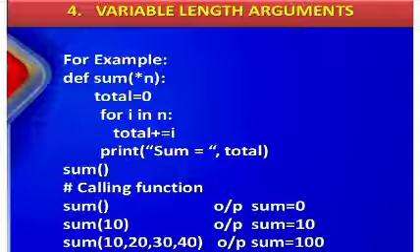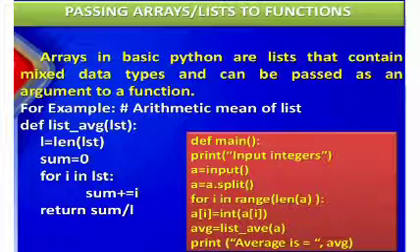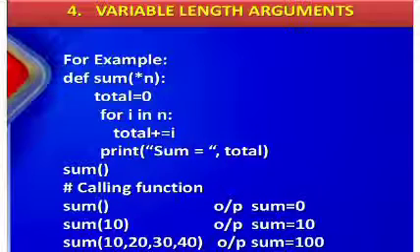Total value is 0. Then repeat the loop for i in n and calculate the value in the total: total equals total plus i, and print the value of total. If we call it without an argument, it still generates a result, because with no argument the total stays 0, so it will print 0.